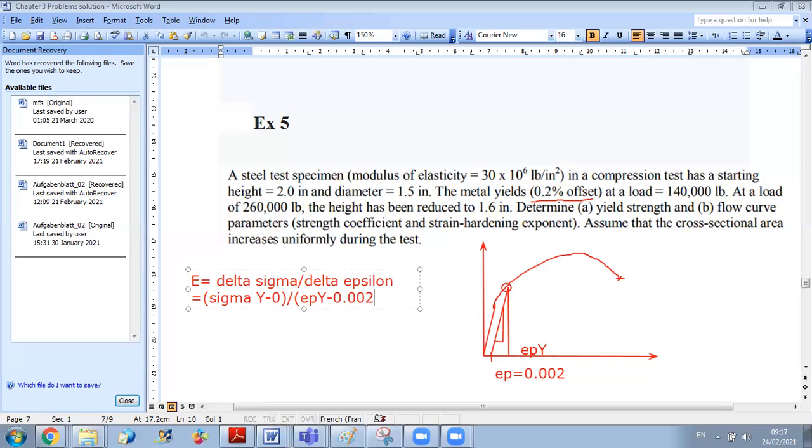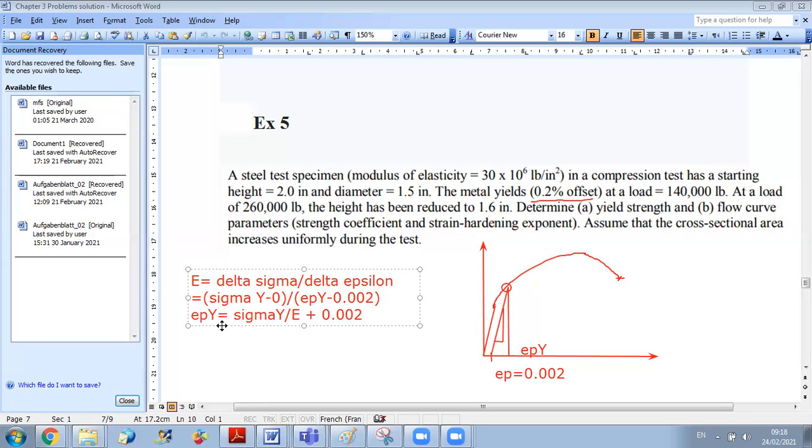Since E, the elasticity modulus, is given, we have calculated together sigma yield. Then you can say that epsilon yield is equal to sigma y over the modulus of elasticity, and we should not forget to add 0.002, because delta epsilon is epsilon yield minus 0.002.